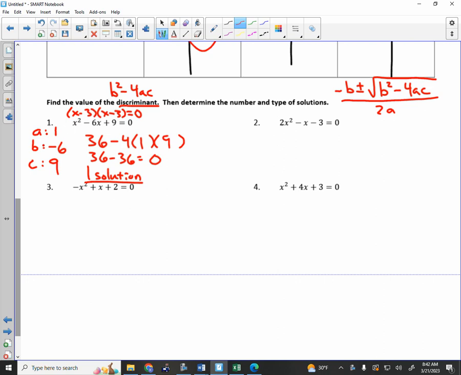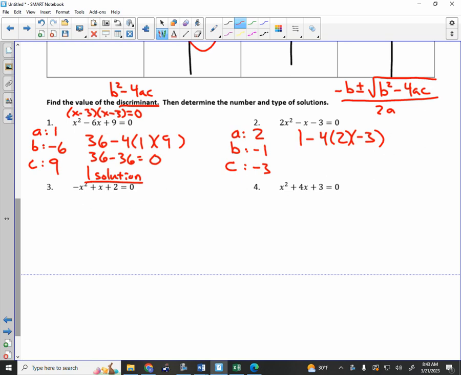Let's try this guy. Got A, B, and C. A is 2, B is -1, and C is -3. What's B squared? 1. Minus 4 times A is 2, and C is -3.